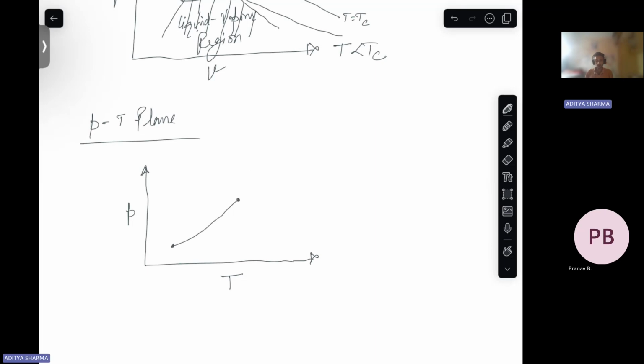In the PT plane, we have isometrics, right? And what are isometrics? Isometrics basically are lines where we have a constant specific volume, right?